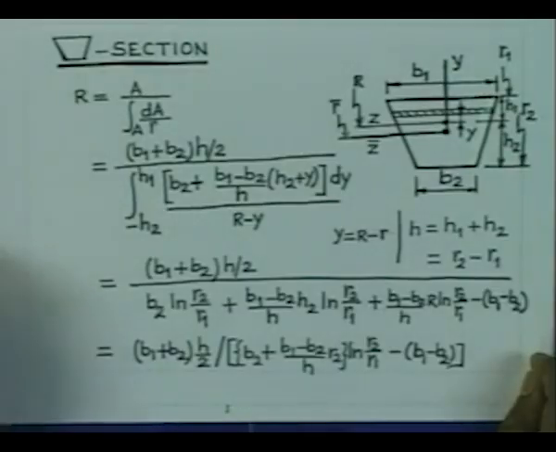So, for the trapezoidal section you can calculate R by making use of this formula. As I have indicated, these trapezoidal sections are also very common for crane hooks, and also sometimes the press frames are also made with this cross section.